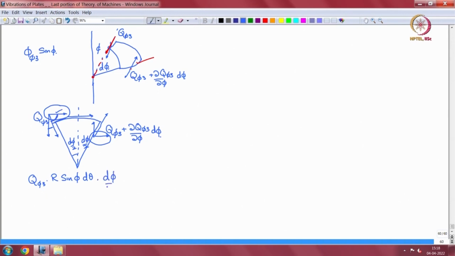So into d phi by 2 plus q phi 3 plus del q phi 3 by del phi d phi into r. This length is bigger, so we have to account for that. R sine phi plus d phi d theta into d phi by 2.